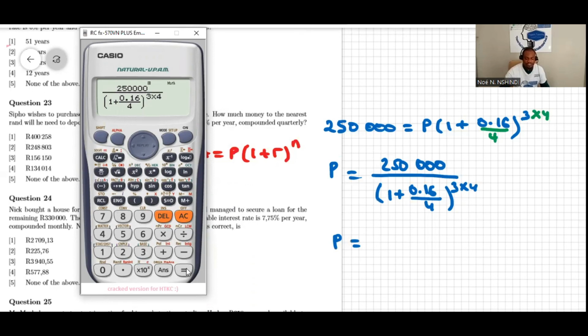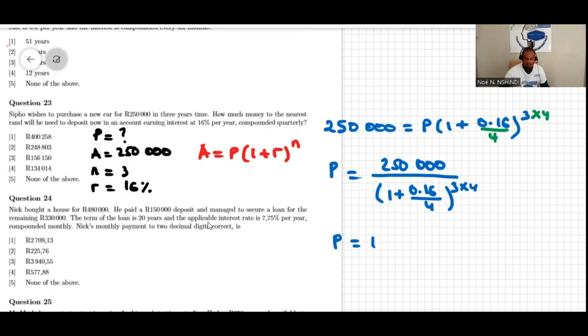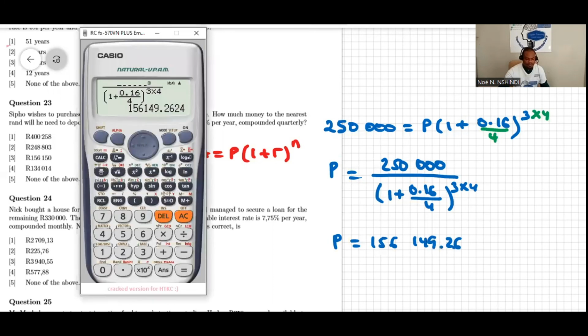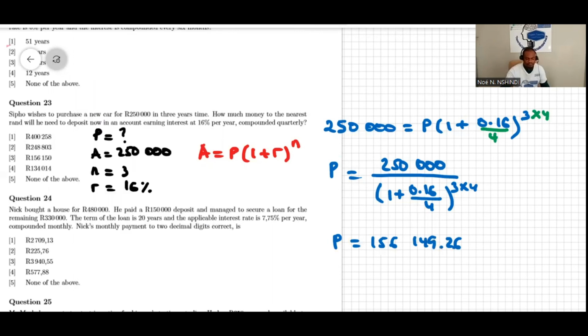When we hit equal, we got 156,149.26, something like that, which is approximately alternative 3 there. So the decimal part here was okay. It's better to divide 250,000 by the whole thing there. Okay, thank you. That was question 23.